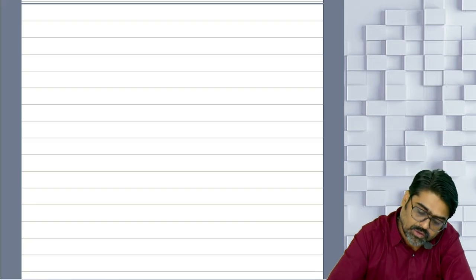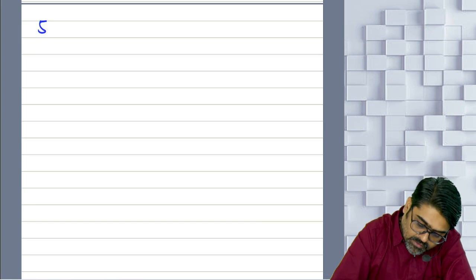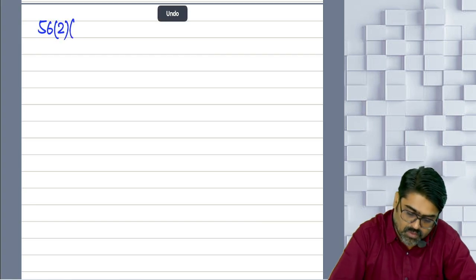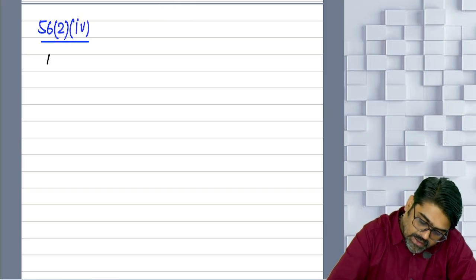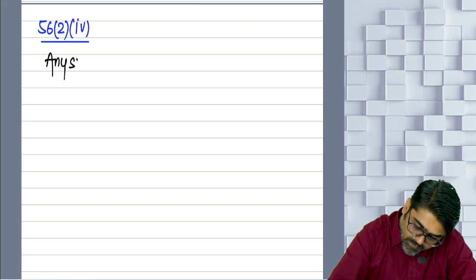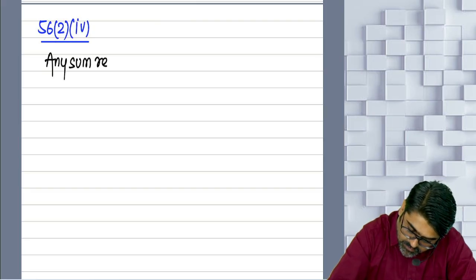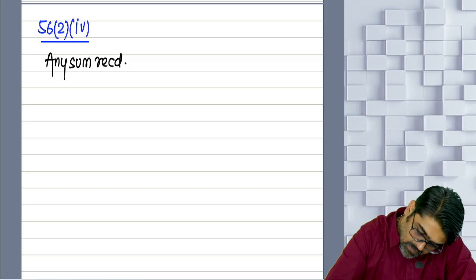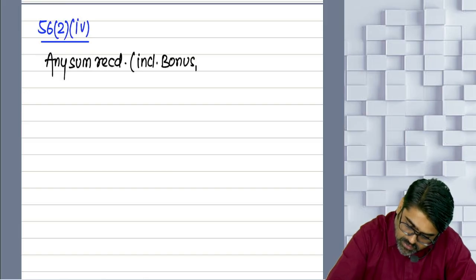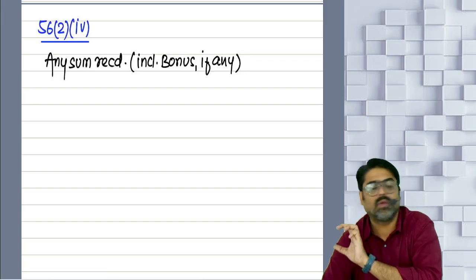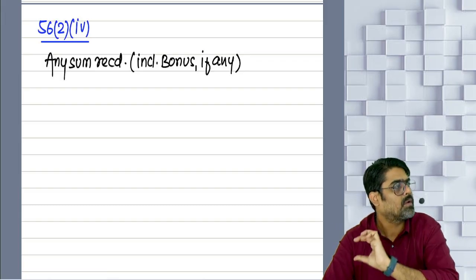Okay. So see, 56 subsection 2, clause 4. This clause says that any sum received including bonus, if any. Yes or no? So that sum will be with bonus or maybe without bonus.